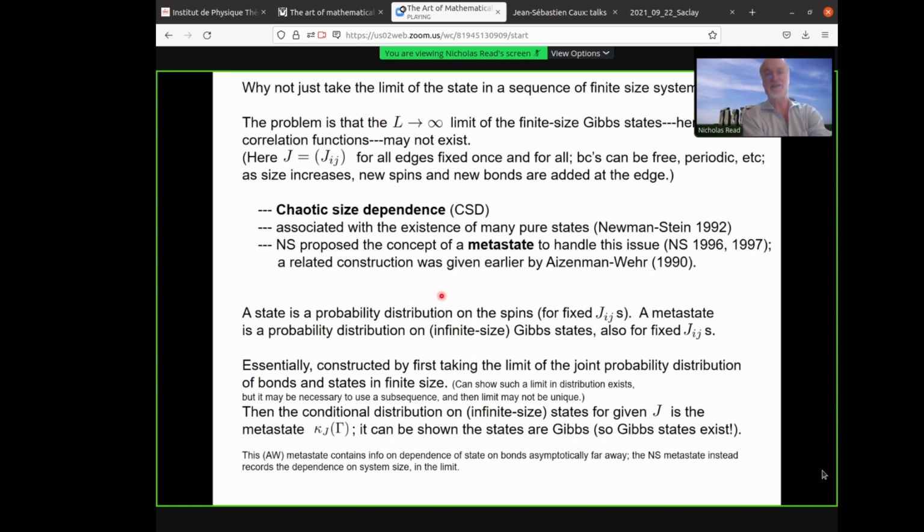So this shows that in fact Gibbs states in the infinite size spin glass do exist, which otherwise is not known. So this is the Ising and Wehr description. The Newman-Stein metastate replaces some averaging over bonds with an average over different finite sizes, but let's not worry about that. The Ising and Wehr is often the most convenient one to work with.